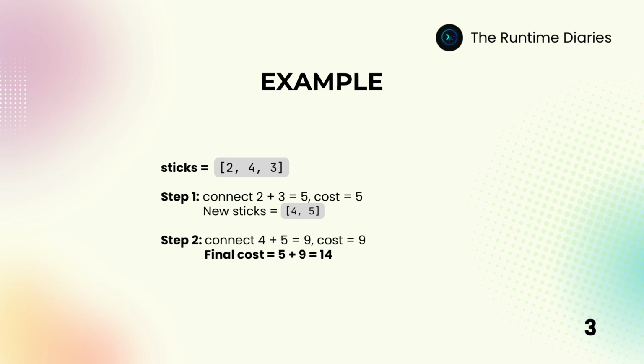Now, the list becomes 4 and 5 from left to right in the array. Next, connect 4 plus 5 equals 9. Add those costs together. 5 plus 9 equals 14. That's the minimum total cost.